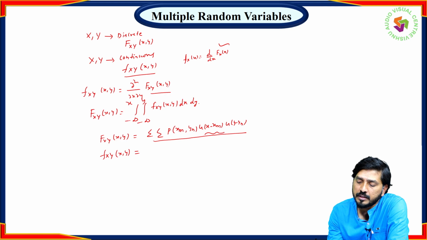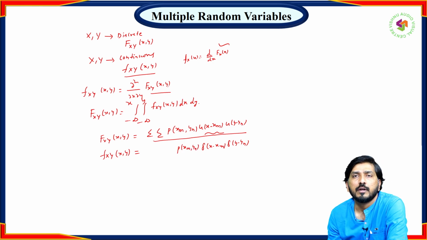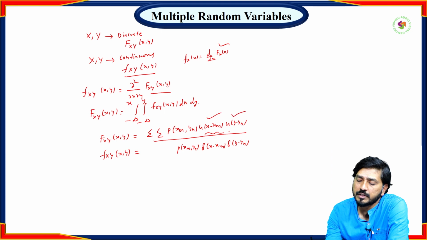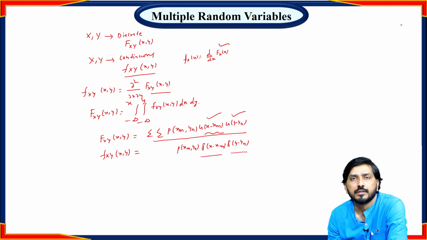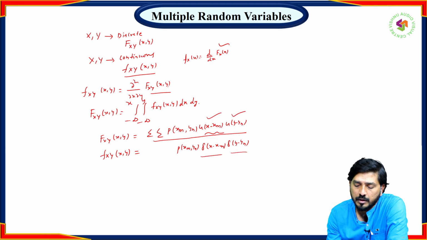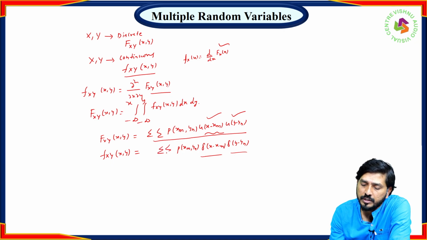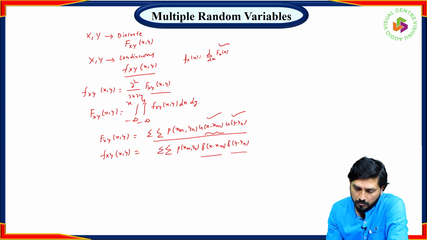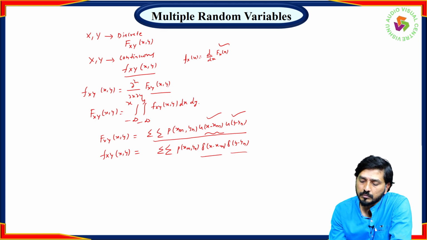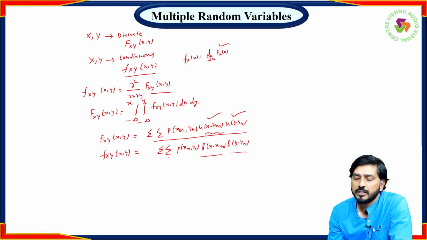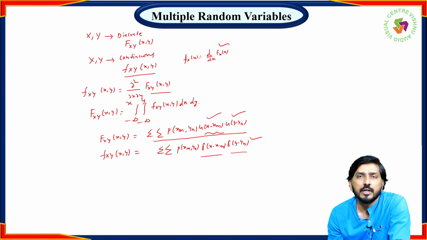Here in this case we will get delta of x minus xm and delta of y minus yn, and there will not be any change in the probability. The derivative of the step function gives an impulse. So this is the expression, with no change in the summation. This is the expression for the joint density function.